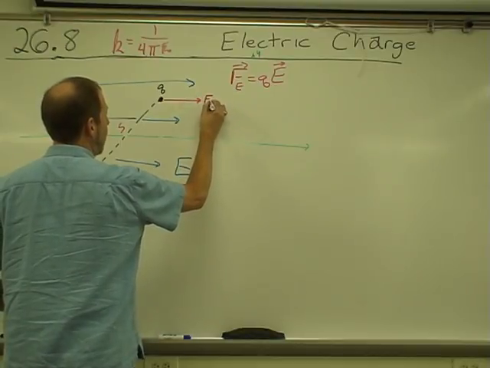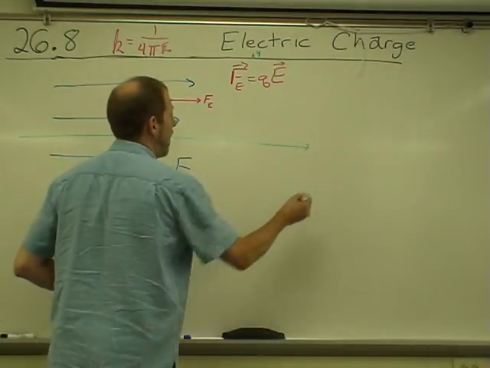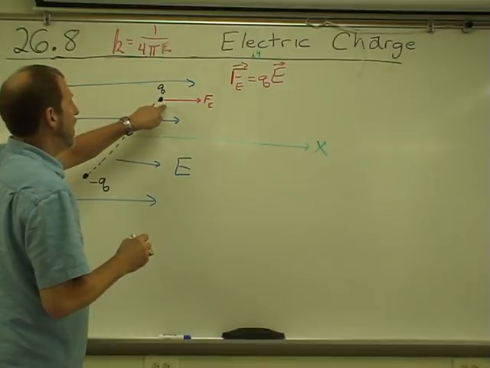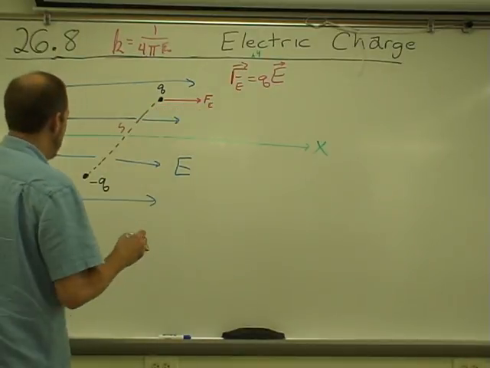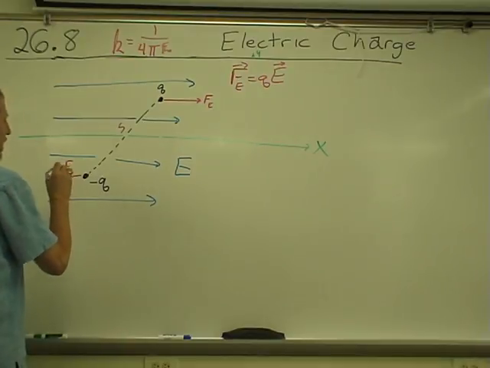That means that the electric force on the positive particle will be, if I call this, I don't know, x, the x direction, the electric force on this particle will be in the positive x direction, and the electric force on this particle will be in the negative x direction.